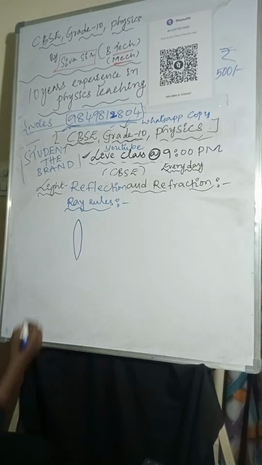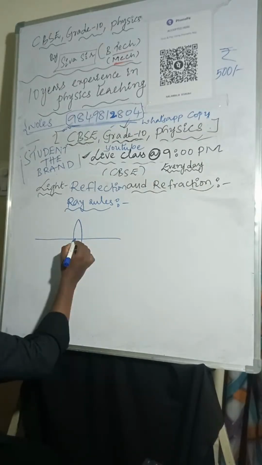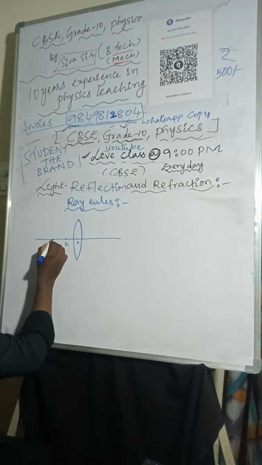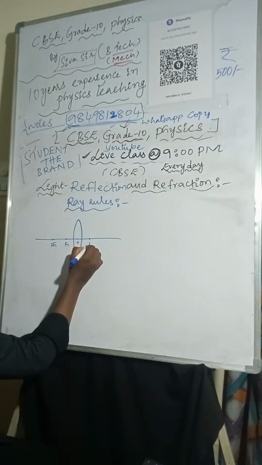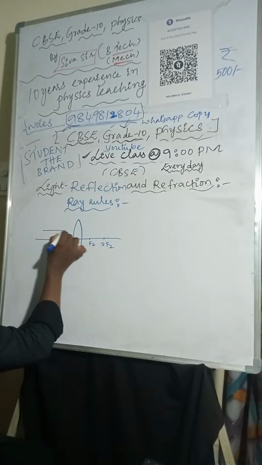This is a convex lens. I'm taking the principal axis like this. Here is the optic center, F1 and 2F1, and here is F2, 2F2. One light ray I am taking like this.